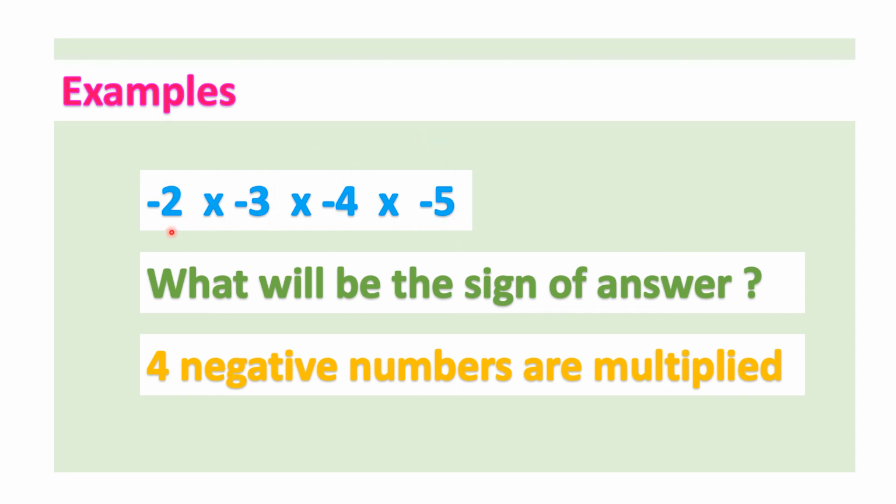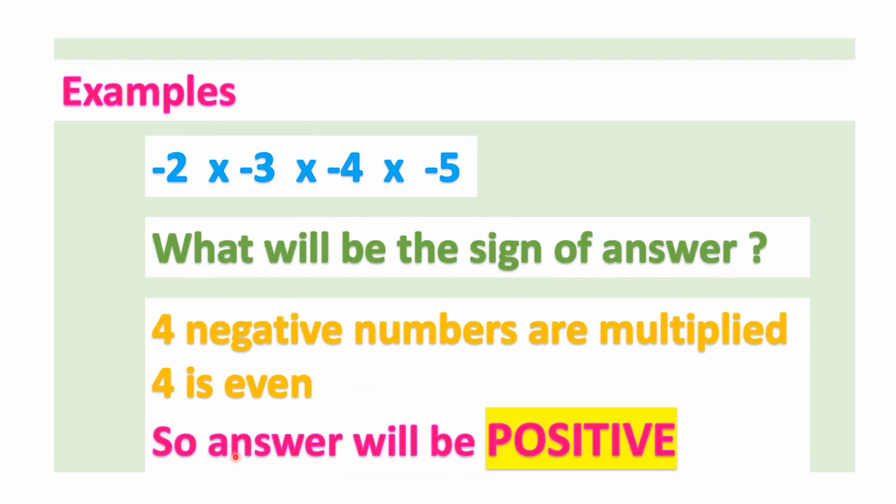So 4 negative integers are multiplied. 4 is even, so what can we conclude from the rule? Since we multiplied 4 negative integers and 4 is even, we get a positive answer, right?